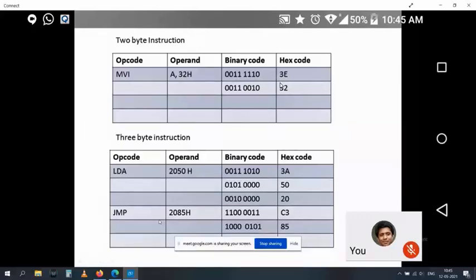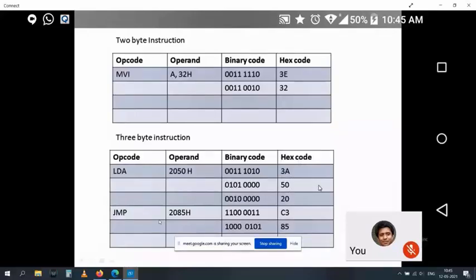Similarly, it can be a 3 byte instruction also. It is load accumulator, LDA. Here the contents are in 2050H, which means it is in a memory location, and the address of the memory location is 2050. The contents of that memory location have to come here. 3A means LDA, load the accumulator.